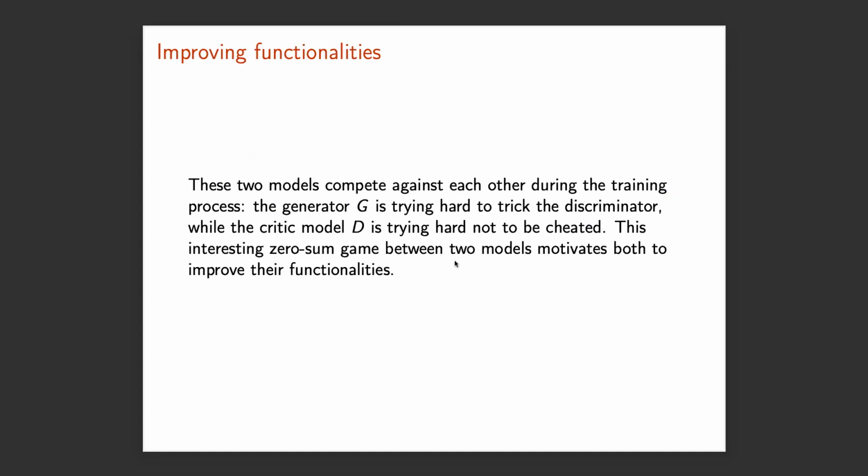These two models actually compete against each other during the training process. The generator, as I said, is trying hard to trick the discriminator, this is just a way of saying things, while the model D, the discriminator, is trying hard not to be cheated. This interesting zero-sum game between two models motivates both to improve their functionalities.